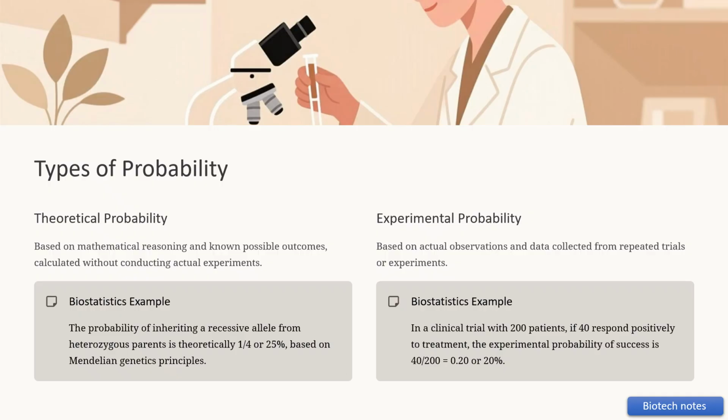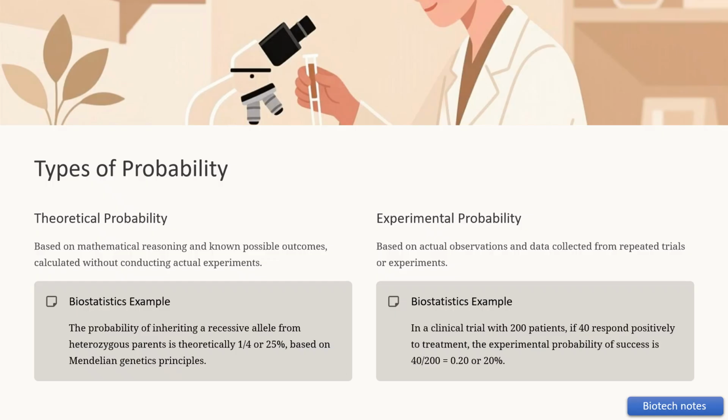Example, the probability of inheriting a recessive allele from heterozygous parents is theoretically 1 by 4 or 25%, based on Mendelian genetics principles. We do not conduct any experiments to prove it.